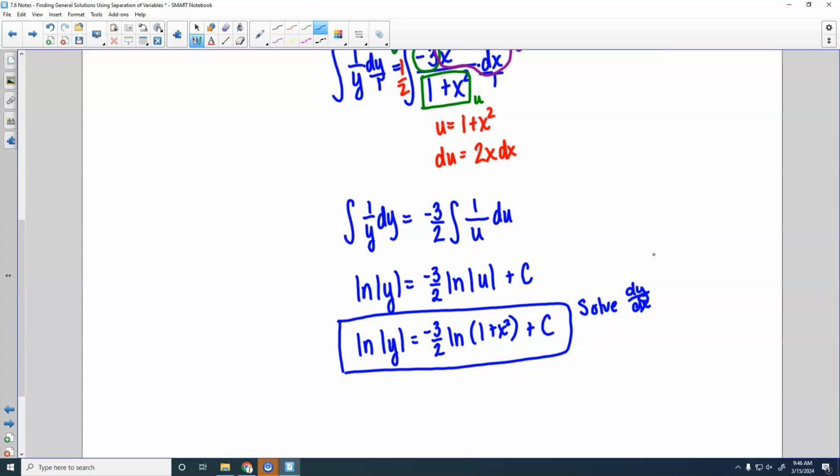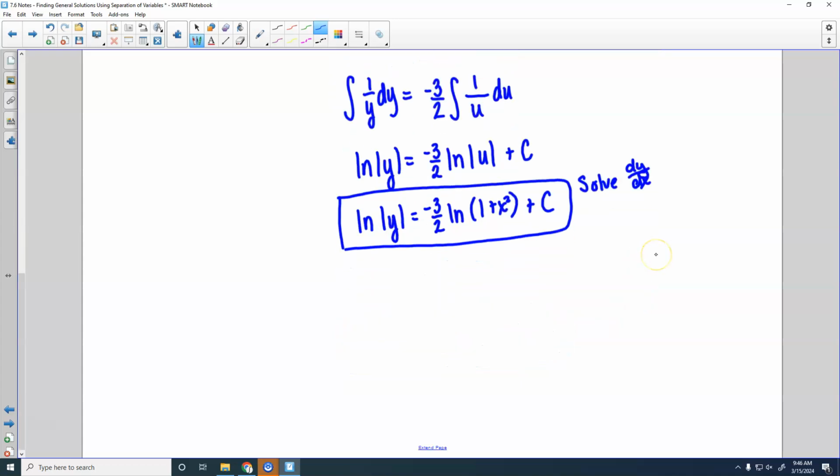Now, this is a problem that if Coach Wood was still here and he walked by, what would he yell? Drop the logs. But can we drop the logs right now? We cannot. And actually, we're going to see, we kind of can't drop the logs here. But this right here, what can I do with it?